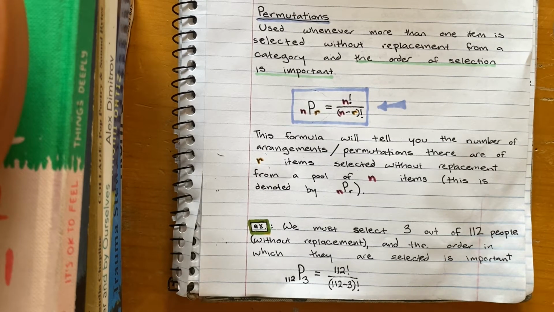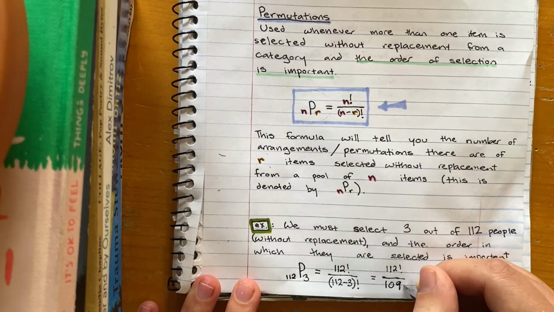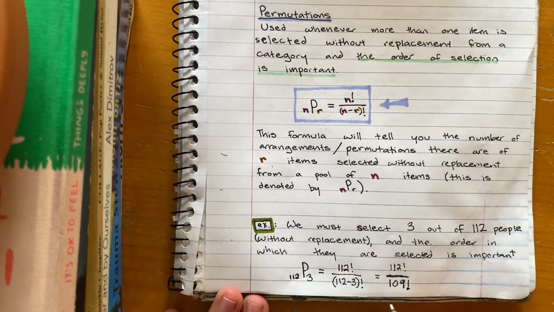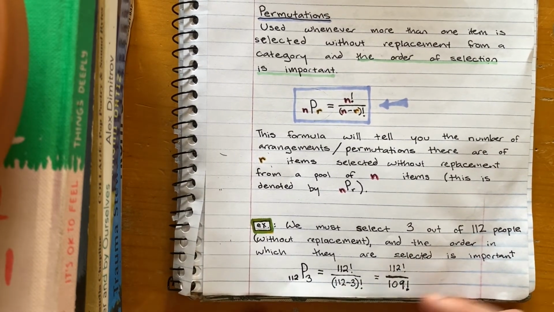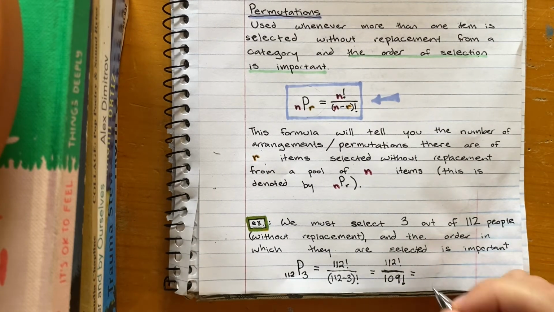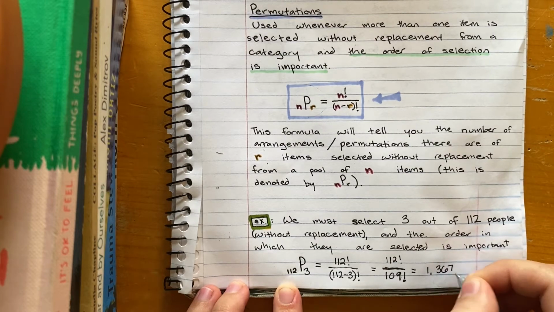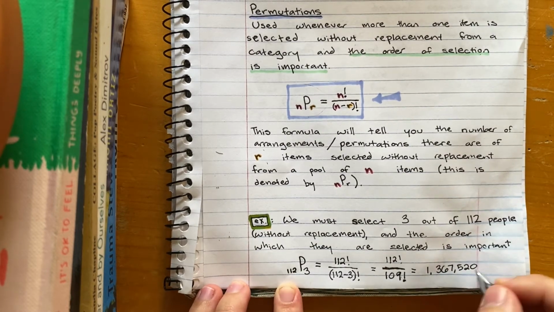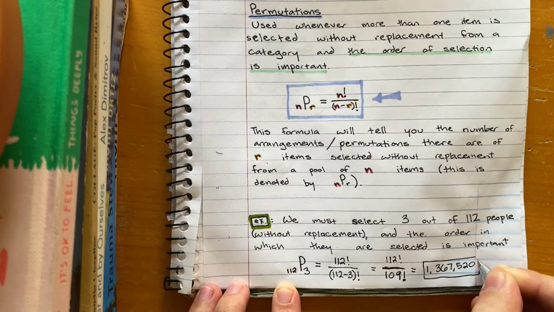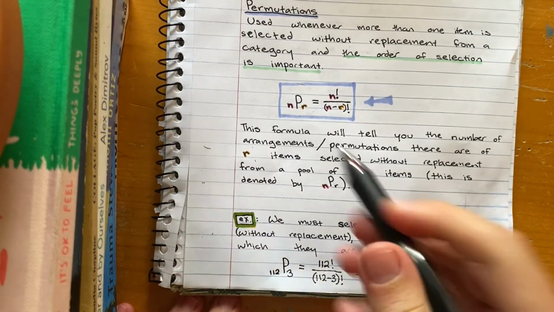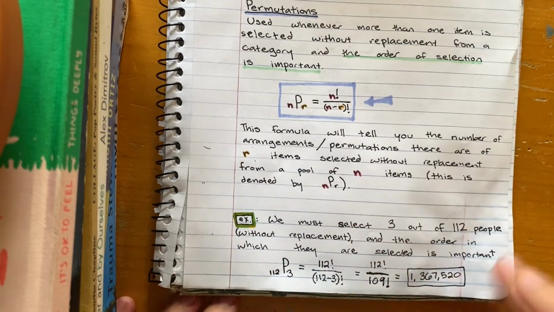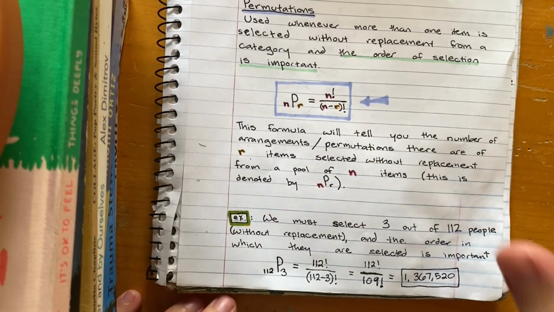And if we put that into our calculator, we would see all of the different ways these 3 prizes could be awarded. So it ends up being 112 factorial divided by 109 factorial. And if you plug that into your calculator, you should get 1,367,520 different combinations of winners for this question. So that's how you would plug this information into this formula and solve any question that looks like that.